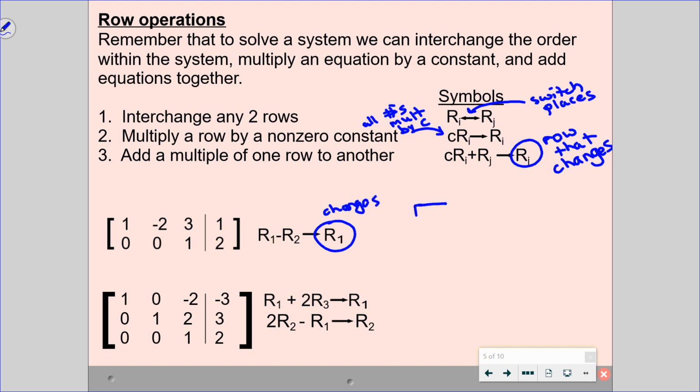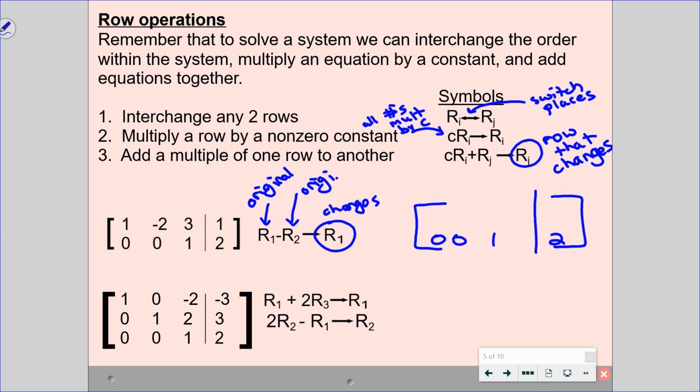So we can rewrite our augmented matrix, and row 2 is not going to change at all. It's still exactly the same as it was to begin with, because row 1 is after the arrow. Row 1 is the actual row that is going to change. And how is it going to change? We're going to take the original row 1 and subtract the original row 2.